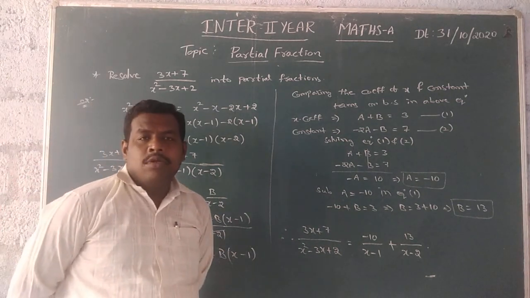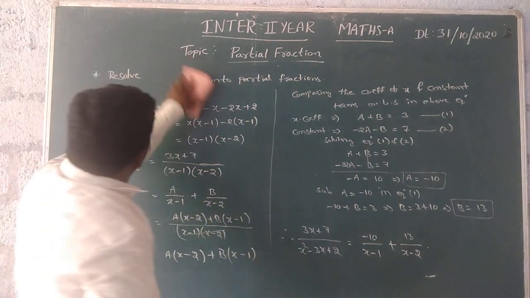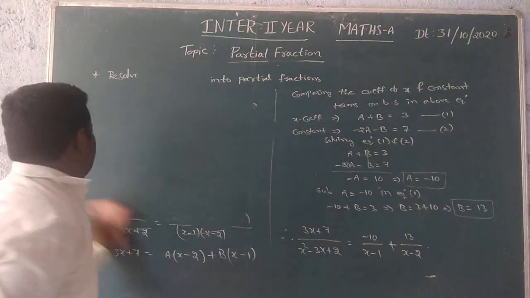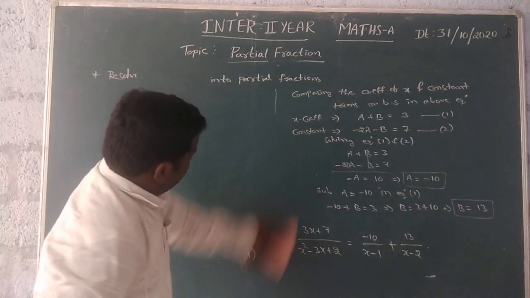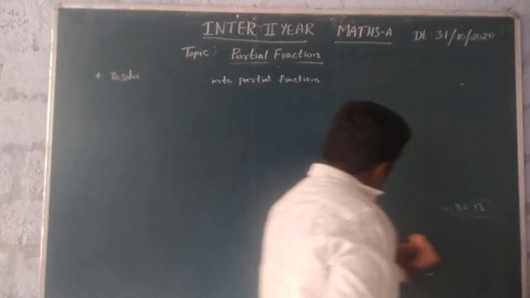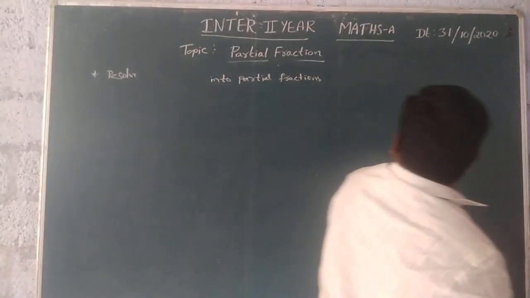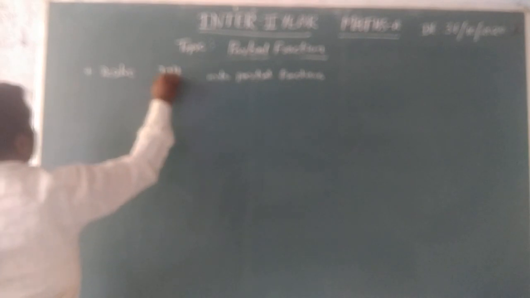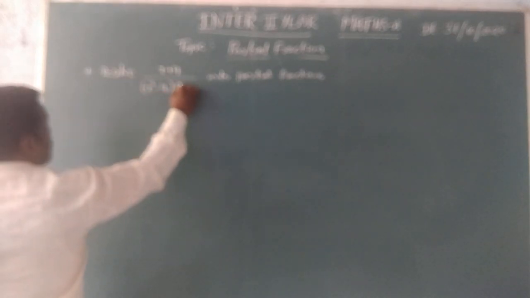Okay, completed. Write down the problem. Next one: resolve x plus 4 by x square minus 4 of x plus 1 into partial fractions.